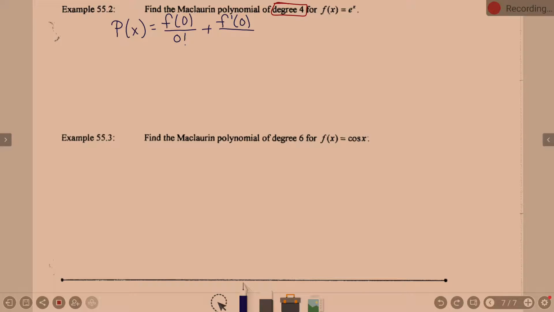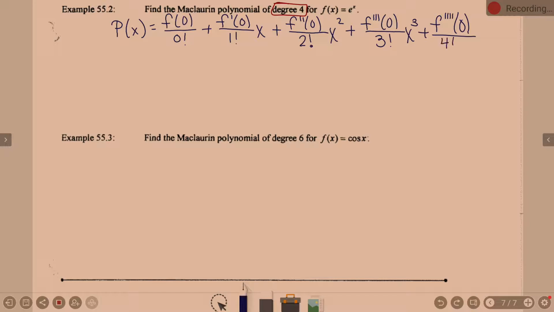F prime of 0 over 1 factorial times x to the first, plus f double prime over 2 factorial times x squared, plus triple prime over 3 factorial x cubed, plus the fourth derivative, I don't know how to say it, f quadruple prime at 0 over 4 factorial x to the fourth.